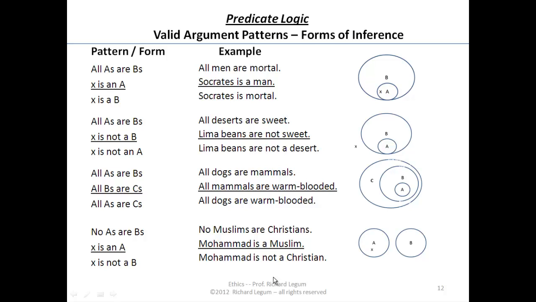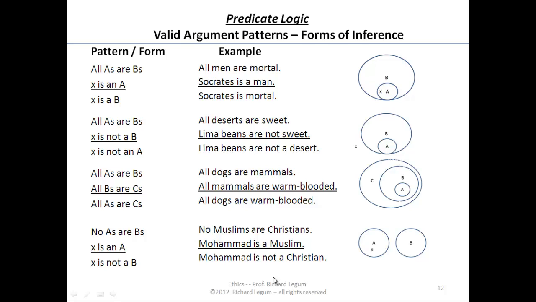Here we have lima beans in our second example, third Mohammed. But let's take a look at the patterns of argument that are good ones. And remember, these are ones such that it's impossible for the premises to be true and at the same time the conclusion false.